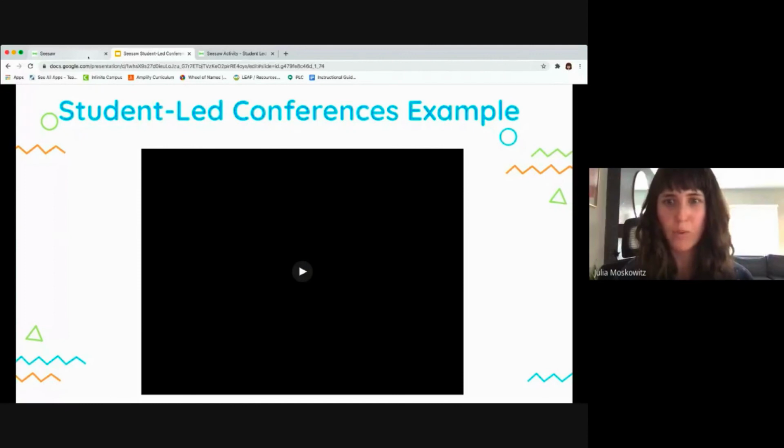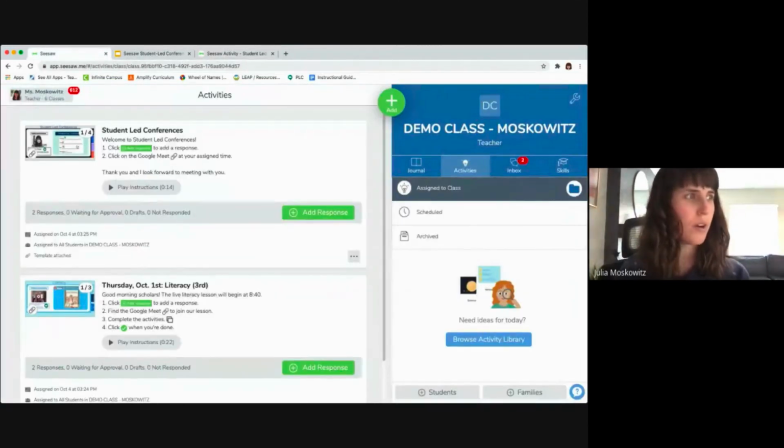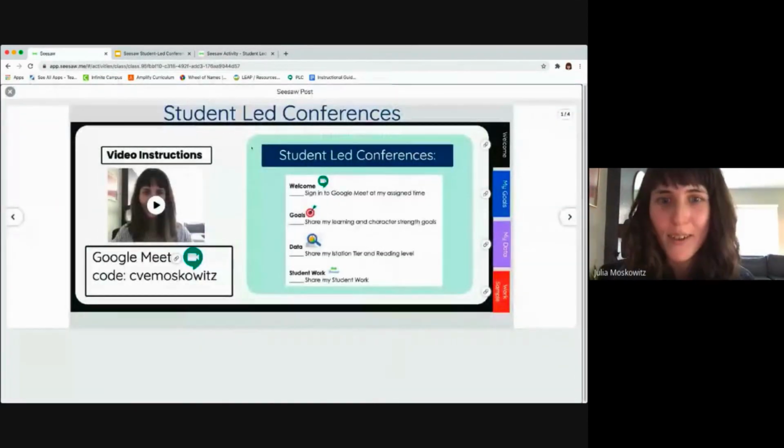So that is what it could look like in Google Meet. I would have put the time for the student's parent. They knew when to sign in to my classroom's Google Meet, and I shared my screen so that we could go through it together. That was a little bit more guided than maybe the goal exemplar would be.